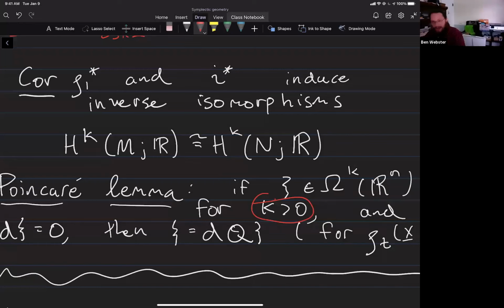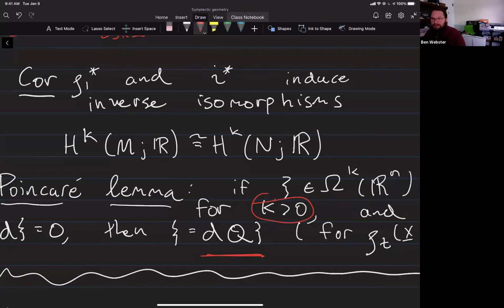If it's closed, then it's exact. And I have an actual formula for the antiderivative. So one of the reasons I thought it was worth going through this is it's not just that it's the exterior derivative of something. I have an explicit formula which depends in a smooth way on C for the antiderivative.